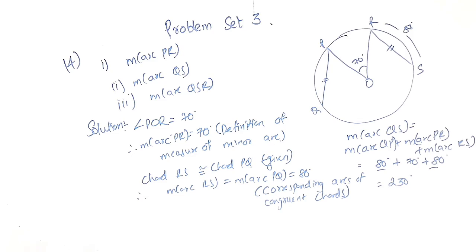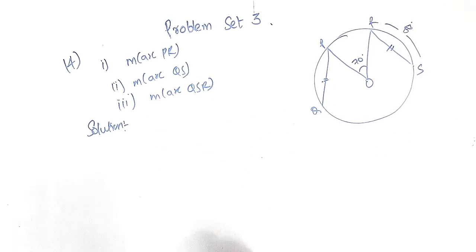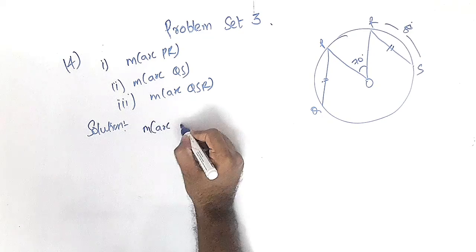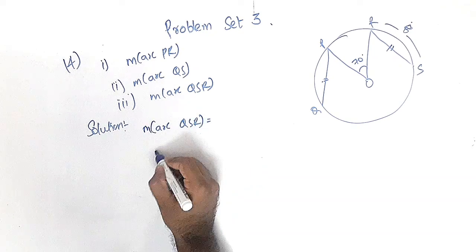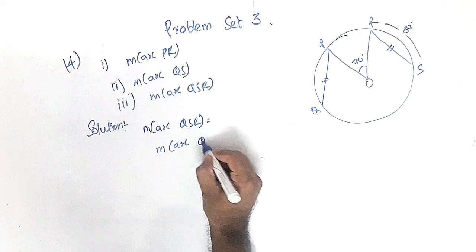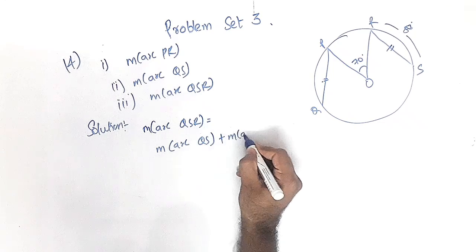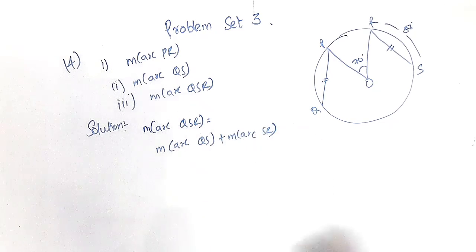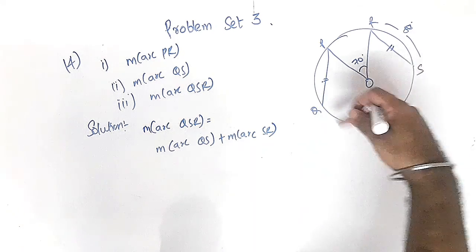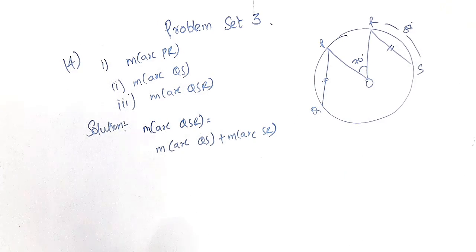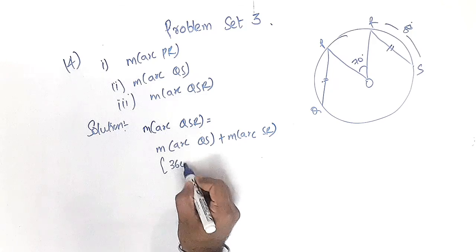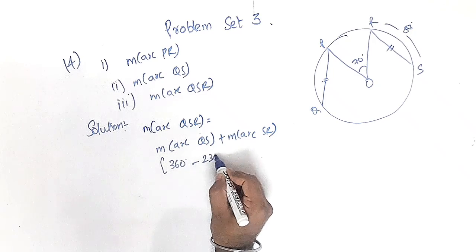Now they have asked what is measure arc QSR. Measure arc QSR is equal to measure arc QS plus measure arc SR. QS, this arc, if you see, will be 360 minus 230.